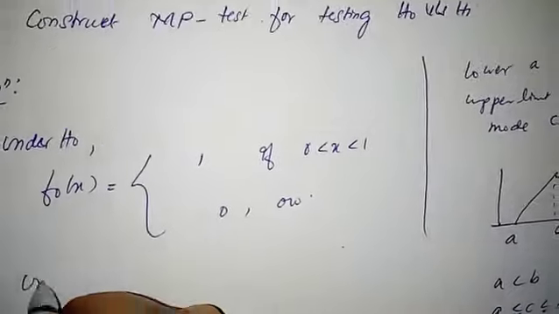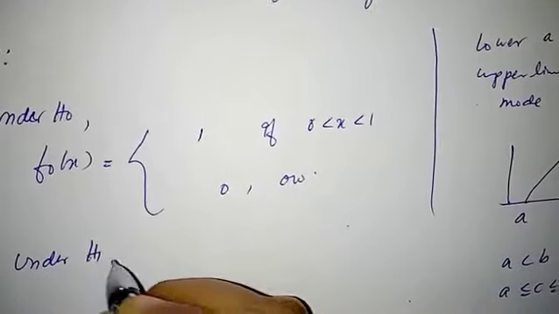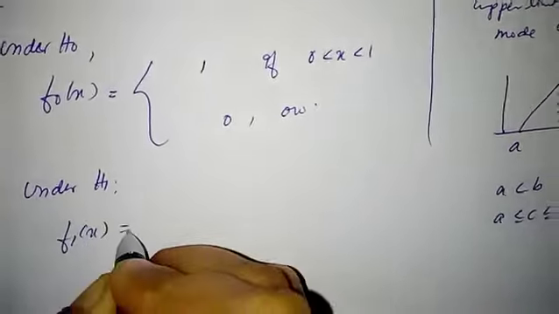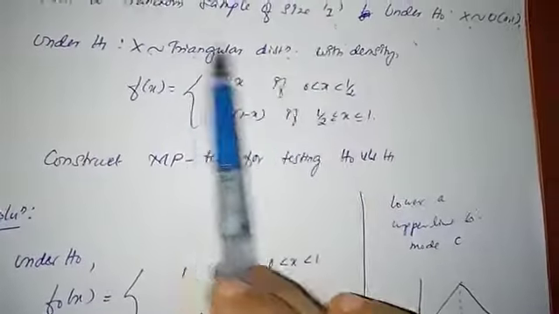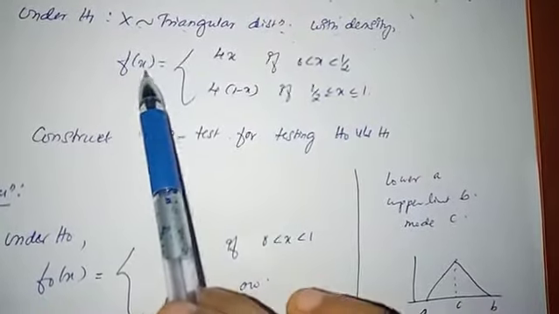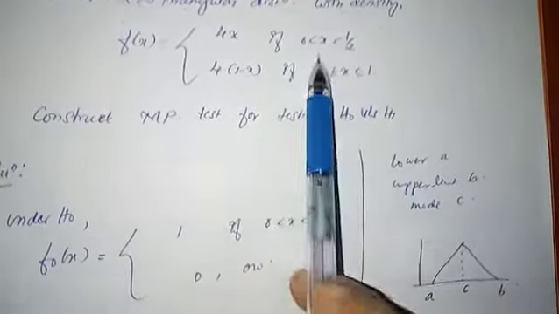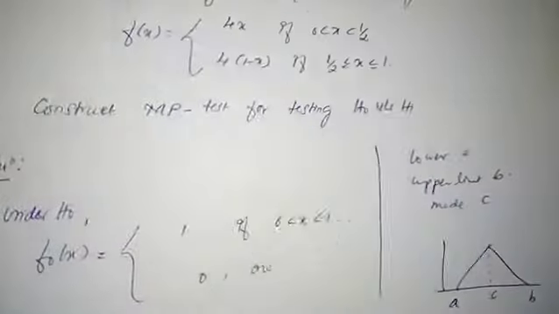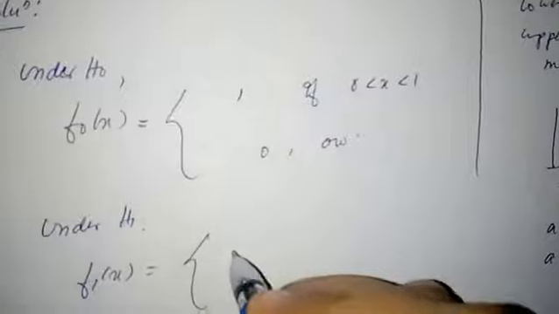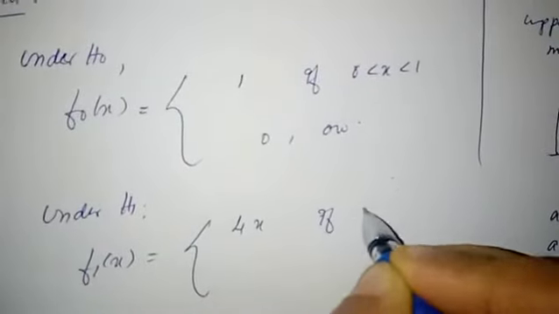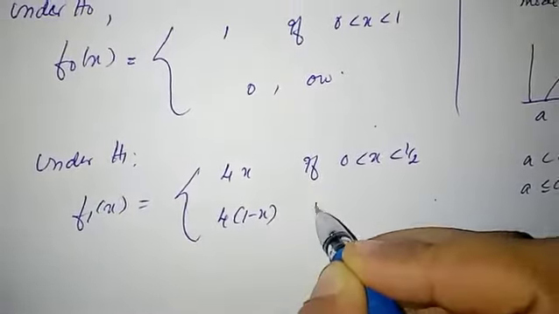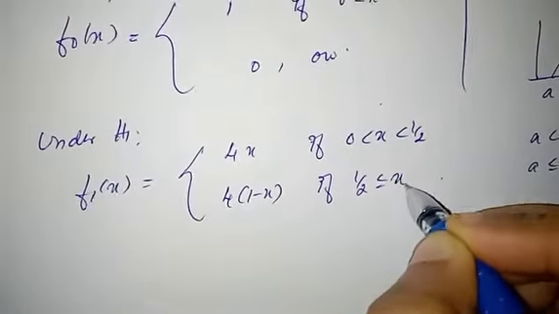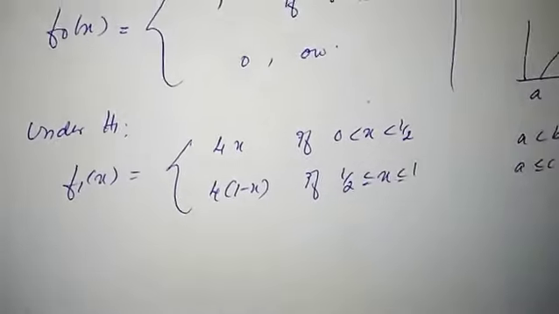Then what is the density under H1? f1(x) is the triangular distribution with the density f(x), that is, f1(x) = 4x if 0 < x < 1/2, and 4(1 - x) if 1/2 ≤ x ≤ 1.